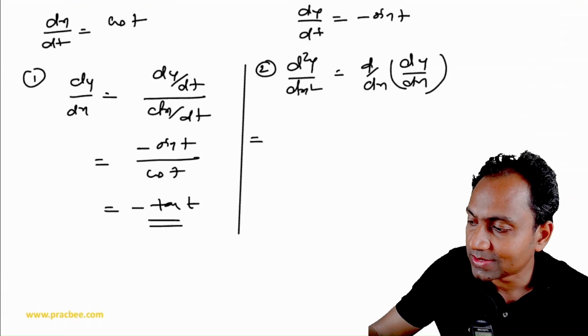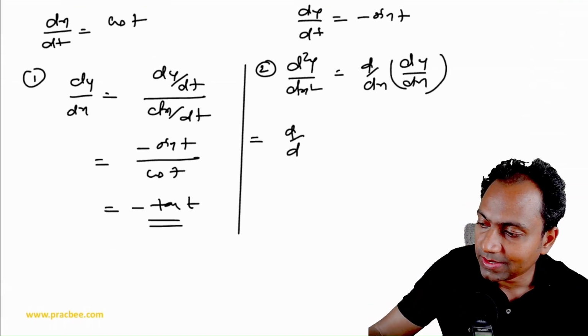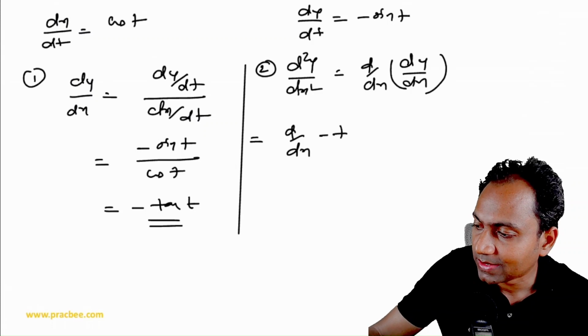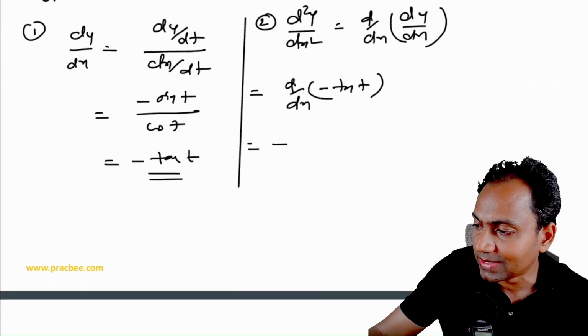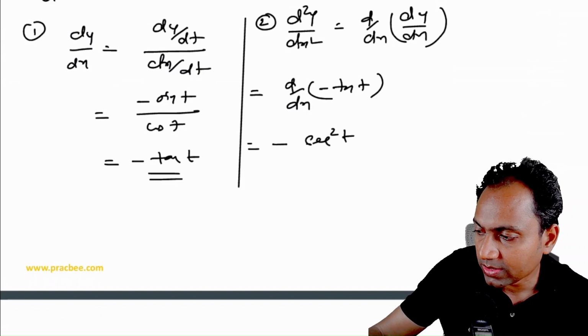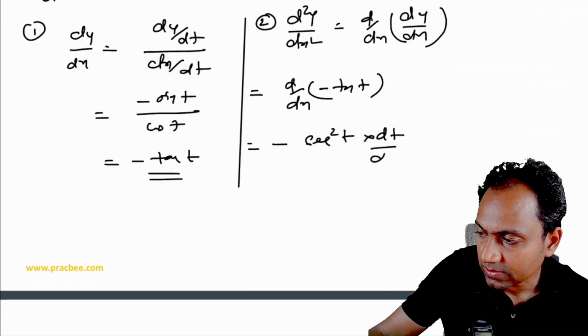So if I take d by dx of minus tan t, I will have to use the chain rule. The answer becomes minus sec square t and then dt by dx.